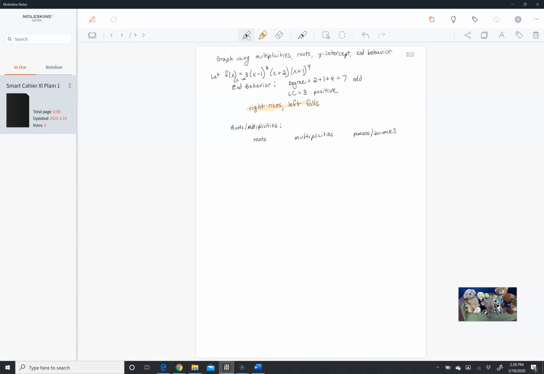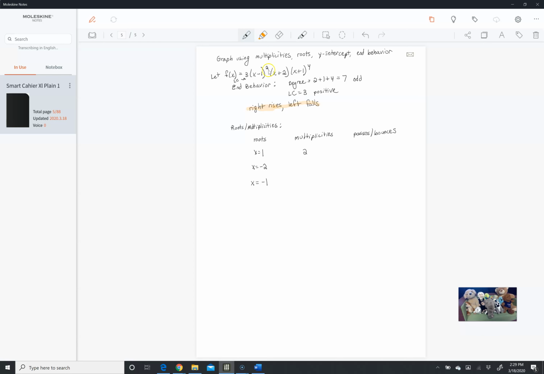So our roots come from the x minus 1, the x plus 2, and the x plus 1. So our roots are x equals positive 1, because remember, we take this x minus 1 and we set it equal to 0. x equals negative 2. And x equals negative 1. Our multiplicities come from the powers. So the multiplicity of x equals 1 is 2.